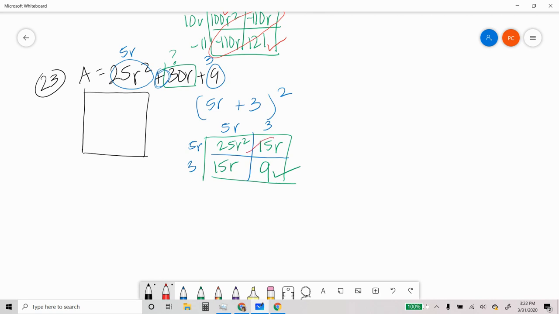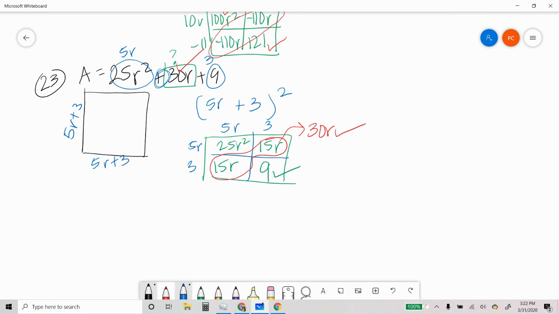When we combine the 15r and the 15r, we'll get 30r. That is perfect because that is our middle term. So that means that the dimensions of this square are 5r plus 3 by 5r plus 3.